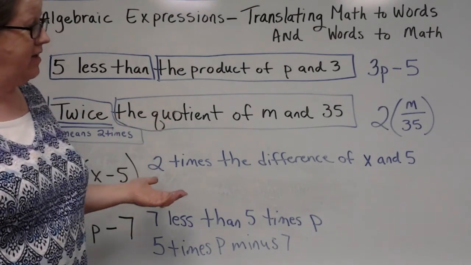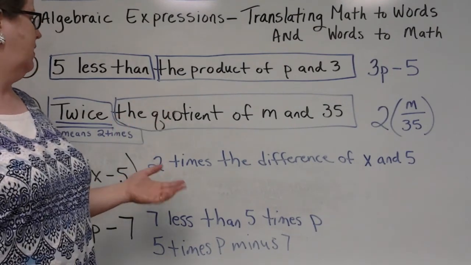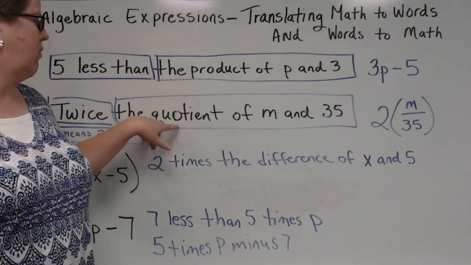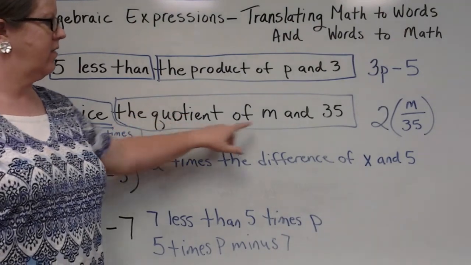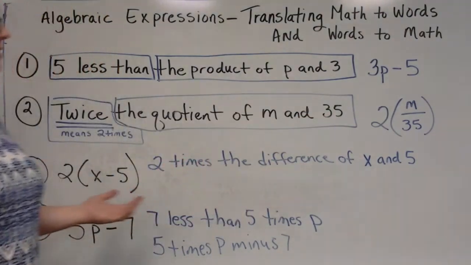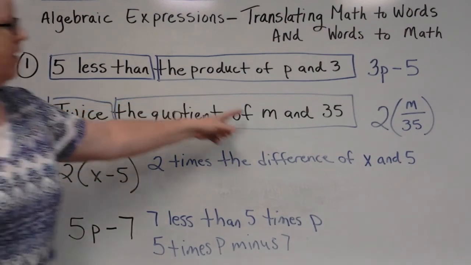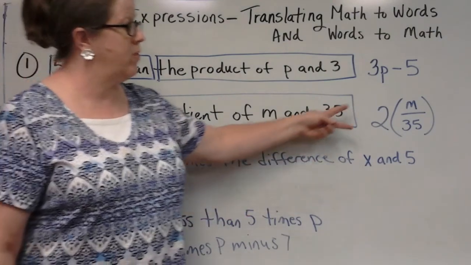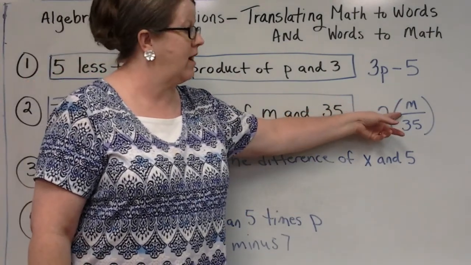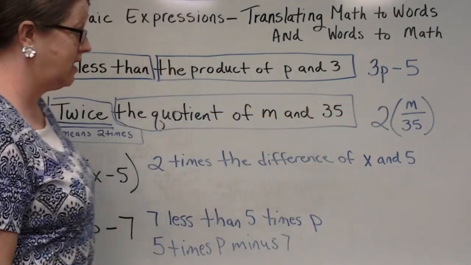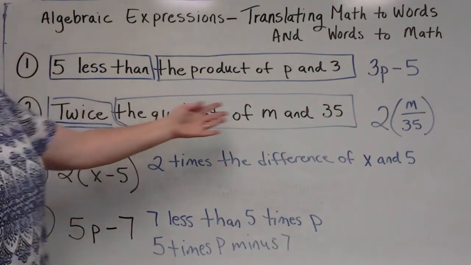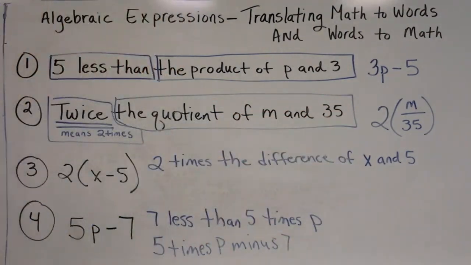I guess I could have put a dot and gotten the same answer. But since it said I had to have the quotient, the answer of m and 35, I used the parentheses. Quotient means divide. So m divided by 35. Remember, we're going to write divide with a fraction bar instead of a divide sign. So that's what this answer looks like.